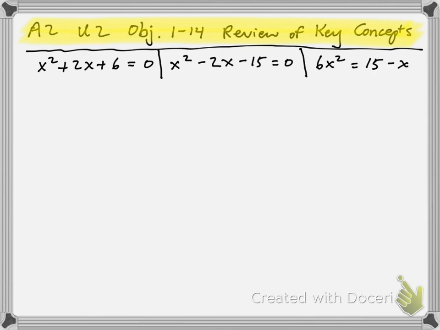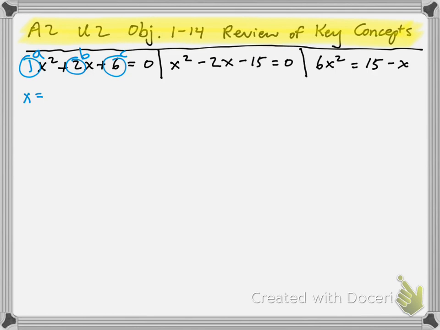On this first equation, we have our a, our b, and our c. I would have already determined that we cannot factor this. So if we can't factor it, then we're going to solve by using the quadratic formula.